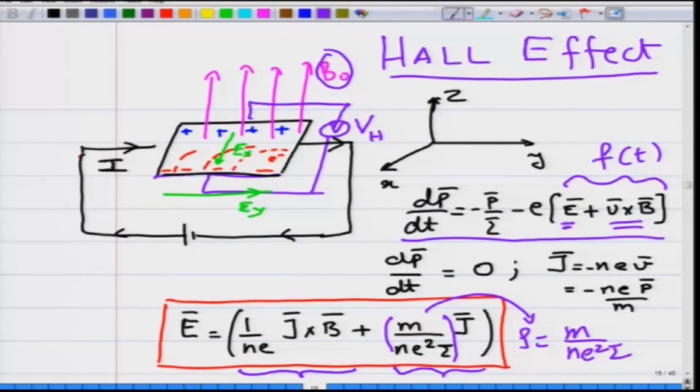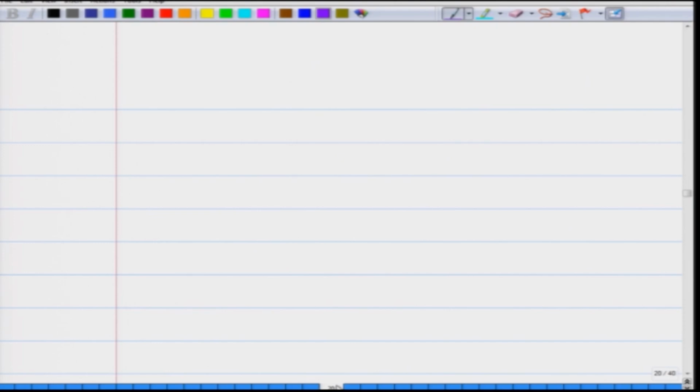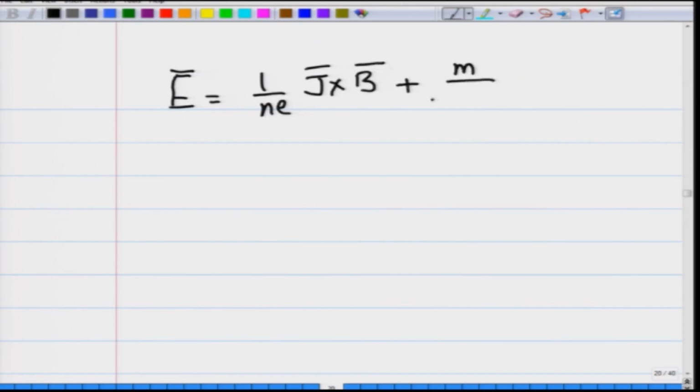So, let us look at this equation a little more and see its consequences. The electric field is 1 by n e J cross B plus m by n e squared tau times J. This is your electric field in the presence of an applied electric field as well as an applied magnetic field.